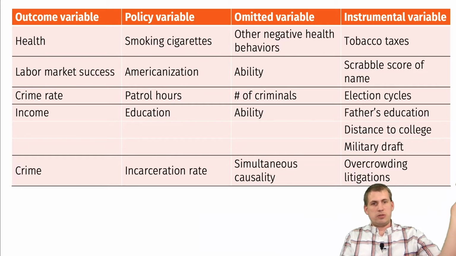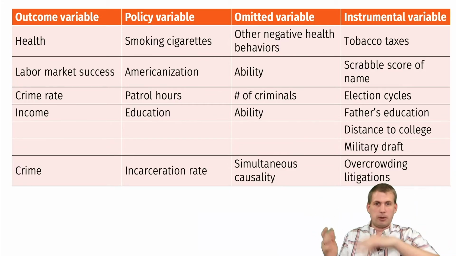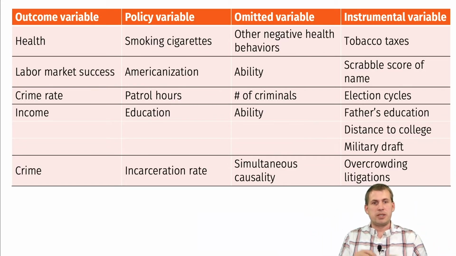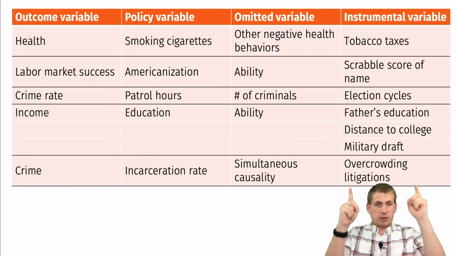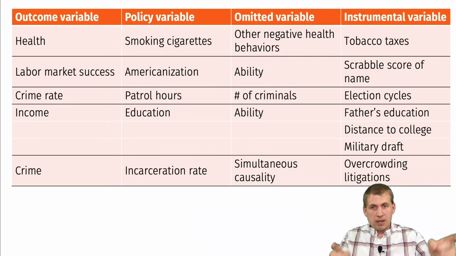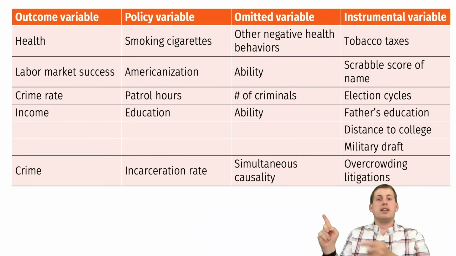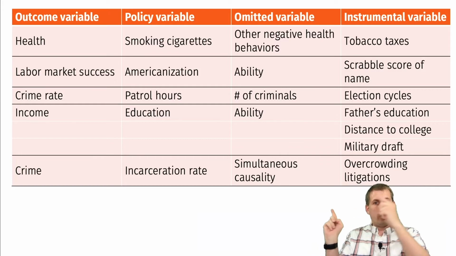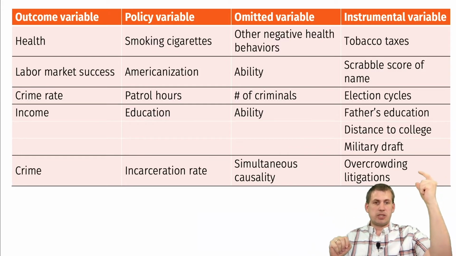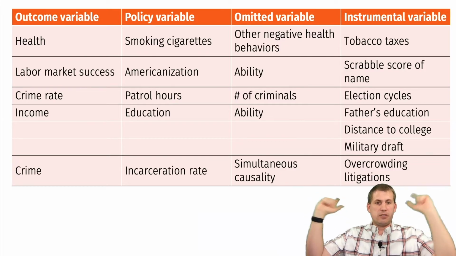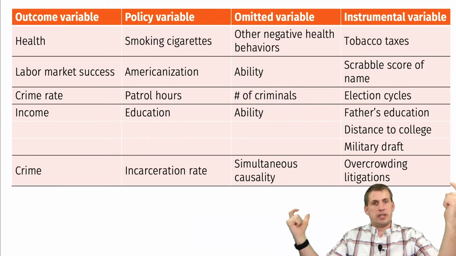If you're getting sued because of overcrowding, you're probably going to lower the amount of people in prison. The exclusion story is that overcrowding litigations cause crime or reductions in crime, but it's only because they change the incarceration rate. There's no other path between suing jails for being overcrowded and the crime rate. So if you can tell that story, then you have an exclusive relationship.